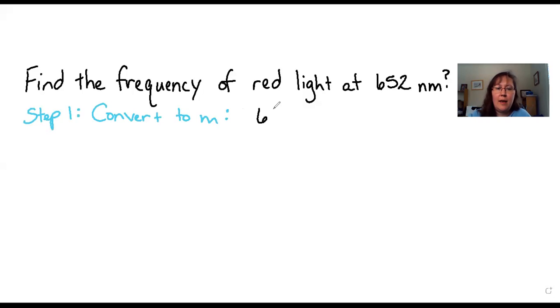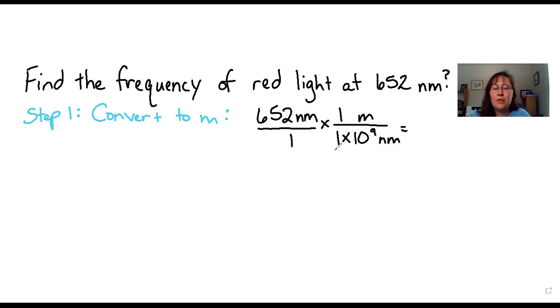So we take that 652 nanometers and multiply it by 1 meter over 1 times 10 to the 9th nanometers, which means really that we're dividing 652 by 1 times 10 to the 9th. And this will become 6.52 times 10 to the negative 7th meters.